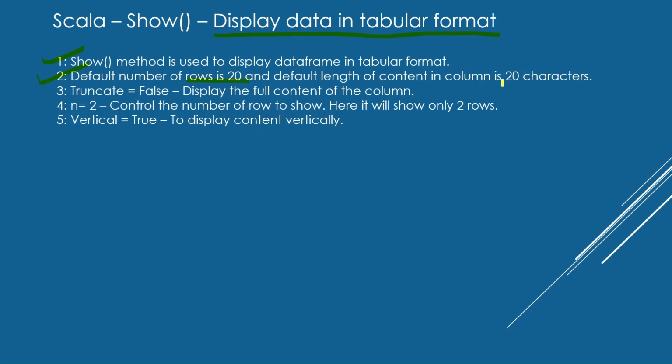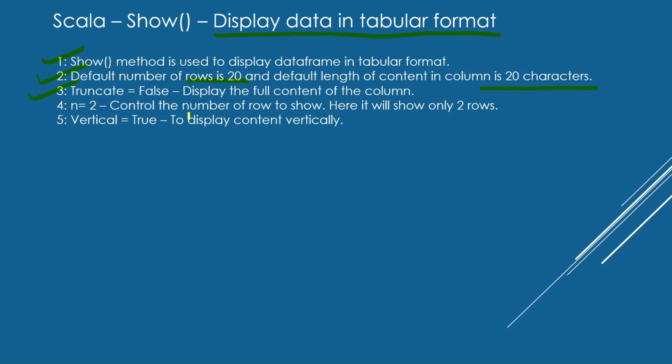And suppose we are just selecting a column that contains text, and if the text length is more than 100, it will not display 100, it will display only 20 characters by default.